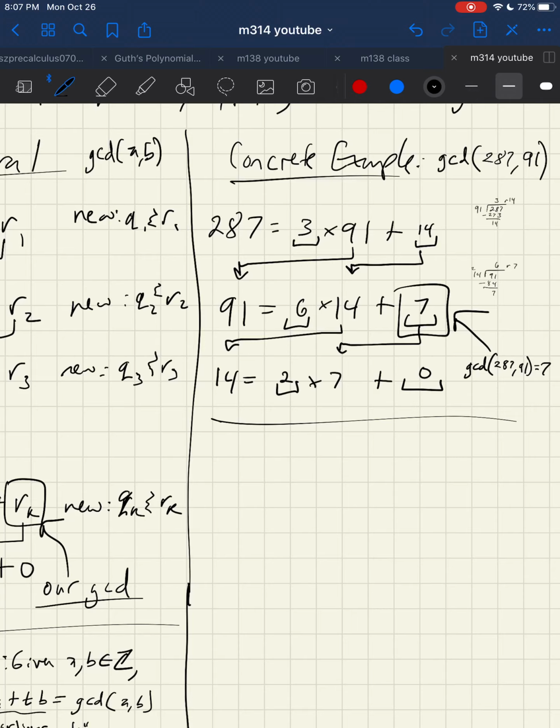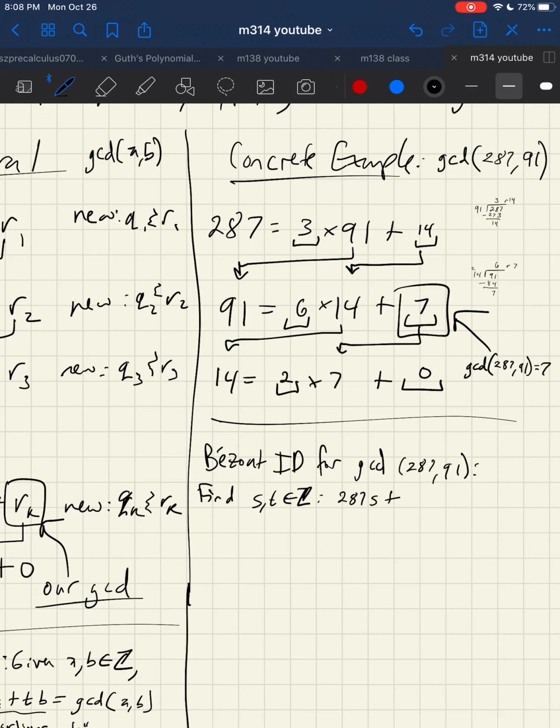So what I want to do is take a concrete example, and do the Bezout identity for the GCD of 287 and 91. So that is, I'm looking for integers s and t such that 287 times s plus 91 times t is equal to 7, because we found their GCD was 7.